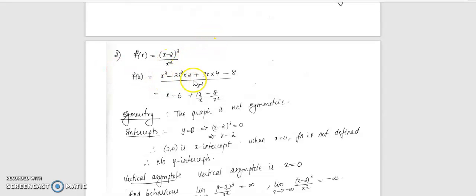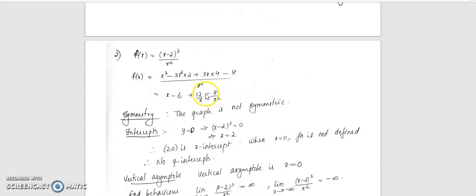Just to see if there are asymptotes, let us look at the expansion. You will get x cube minus 3x square into 2 plus 3x into 4 minus 8 by x square. Upon dividing by x square, you will get x minus 6 plus 12 by x minus 8 by x square.